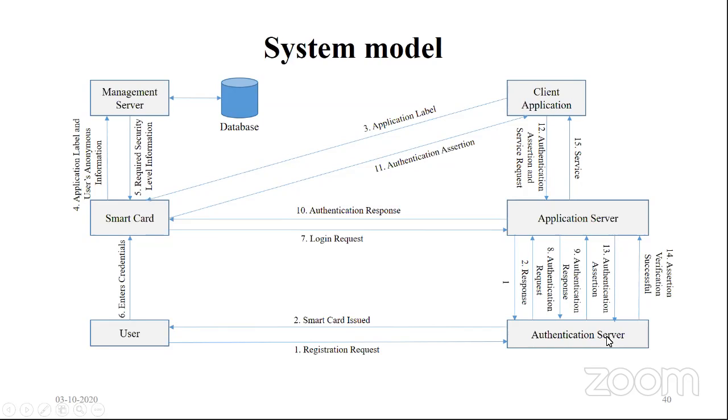So the authentication server will verify if this fact is what I sent to the user and application server initially. So once this assertion is verified, the user can access the remote application through the client application. So this model basically provides two levels of security, in which first the user and application server will receive some identifying information to prove themselves later in the second phase.